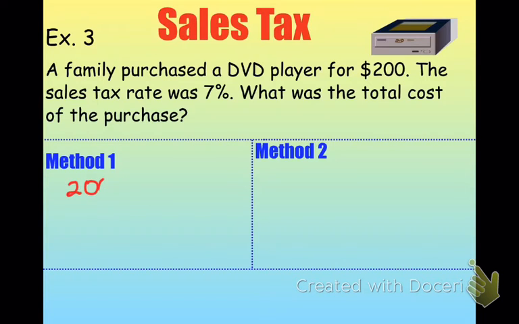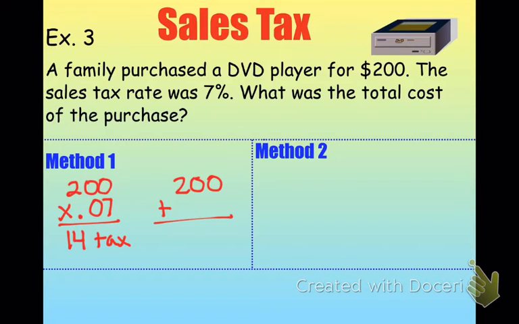So 200 times, again, 7 is a single-digit number, so 0.07. Then we add the price back in. 200 times 0.07 gives me $14 of tax, and that's what I'm going to add back in for $214 total.